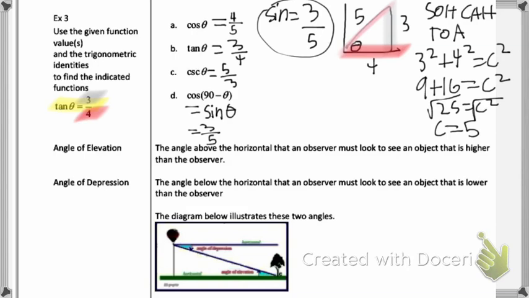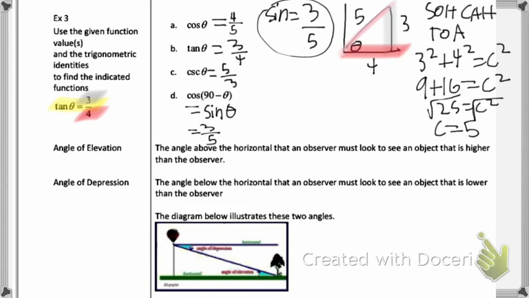Now let's go to the bottom part. Angle of elevation, angle of depression. The angle above the horizontal that an observer must look to see an object that is higher than the observer is the angle of elevation. An angle of depression is the angle below the horizontal that an observer must look to see an object that is lower than the observer.